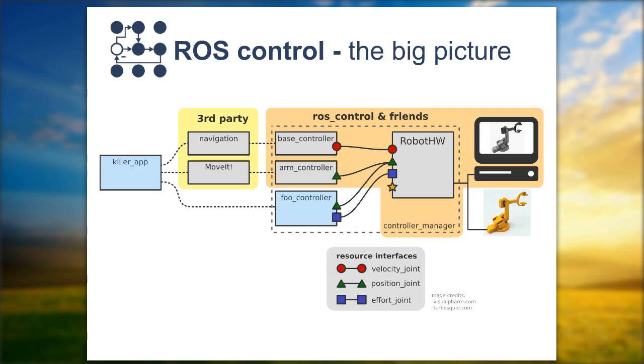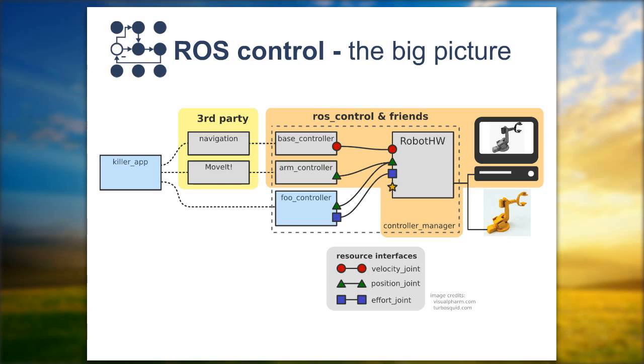And here, where you can see robot hardware, this represents the actual software representation of your robot. Every robot has a set of resources that it exposes. These resources can be joints like velocity control, position control, effort control joints, but also sensors like an IMU or a force torque sensor.